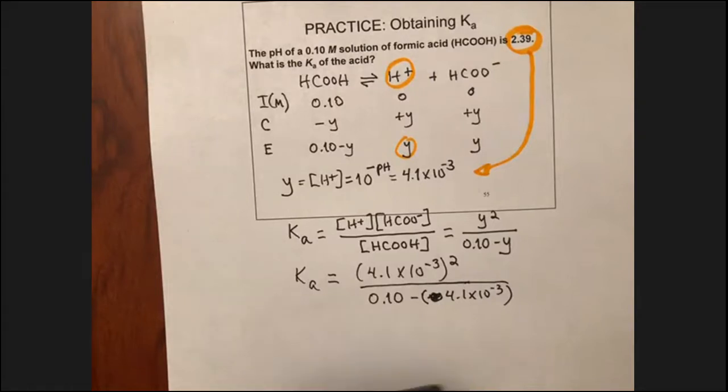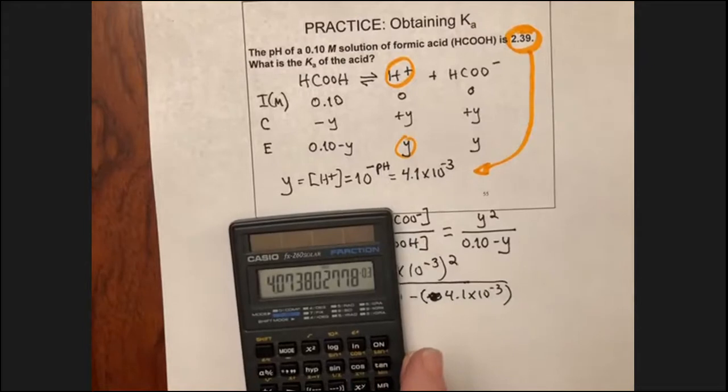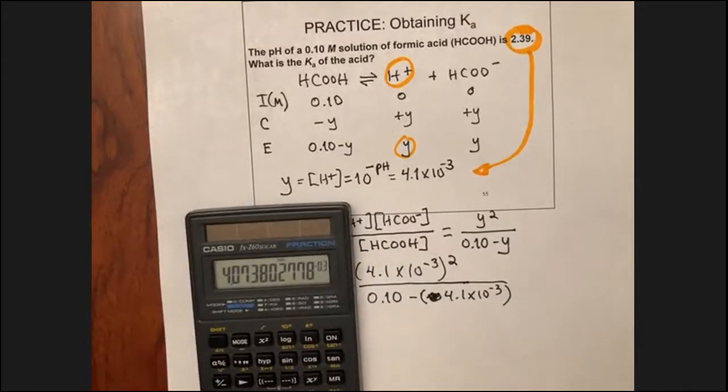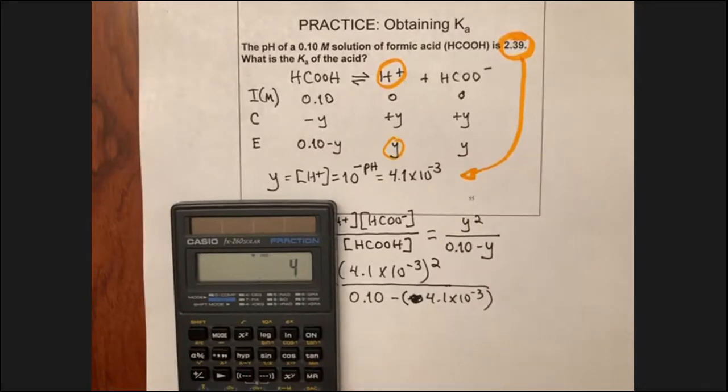Again, I'm not exactly sure how your calculators work. Mine is a very rustic calculator, so I have to do all kinds of crazy stuff here. First, I have to subtract 0.1 minus 4.1 times 10 to the minus 3, and put that in my memory. Then I take the top, 4.1 times 10 to the negative 3, and square that.